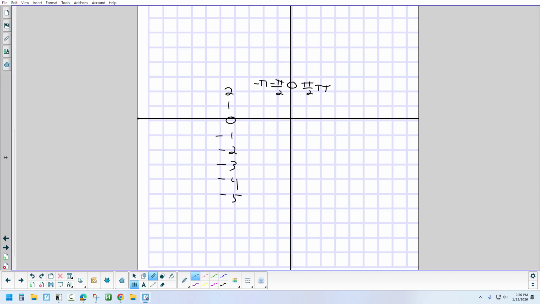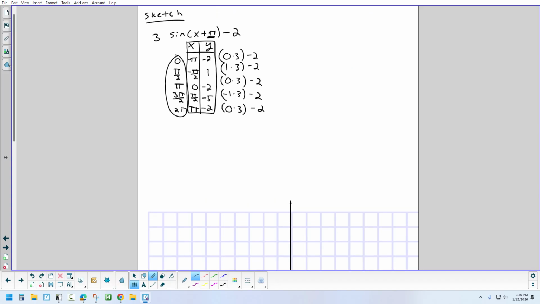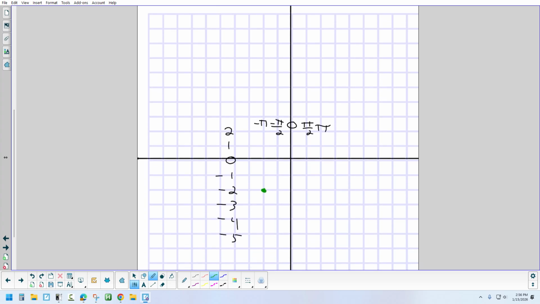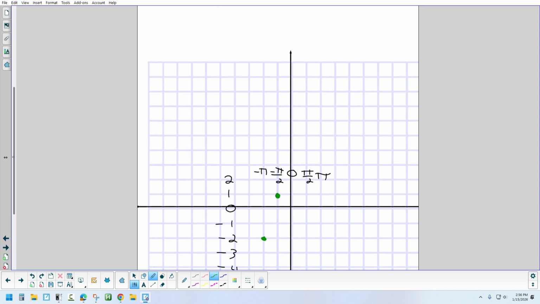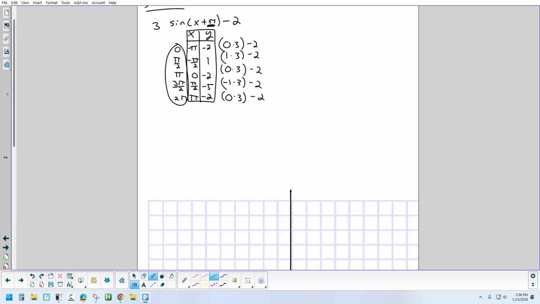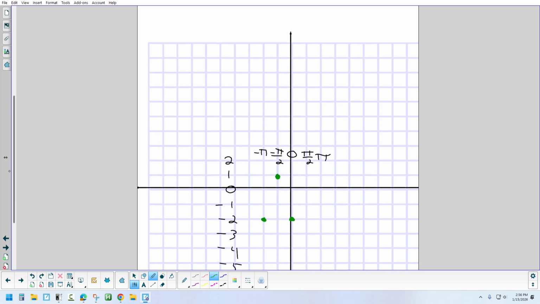All right, let's do our sketch. So we've got negative pi, we're at negative 2. So negative pi, negative 2. Negative pi over 2, we're at 1. So negative pi over 2, 1. What else? 0, negative 2. Pi over 2, we're at negative 5.